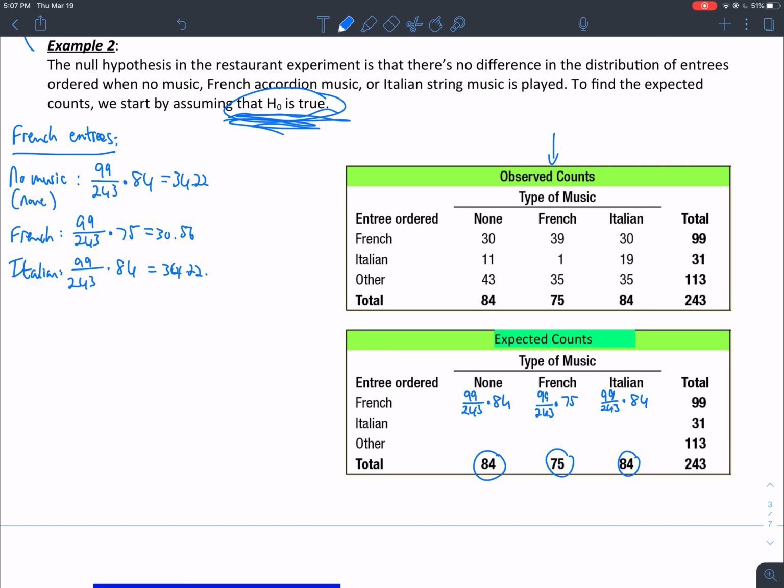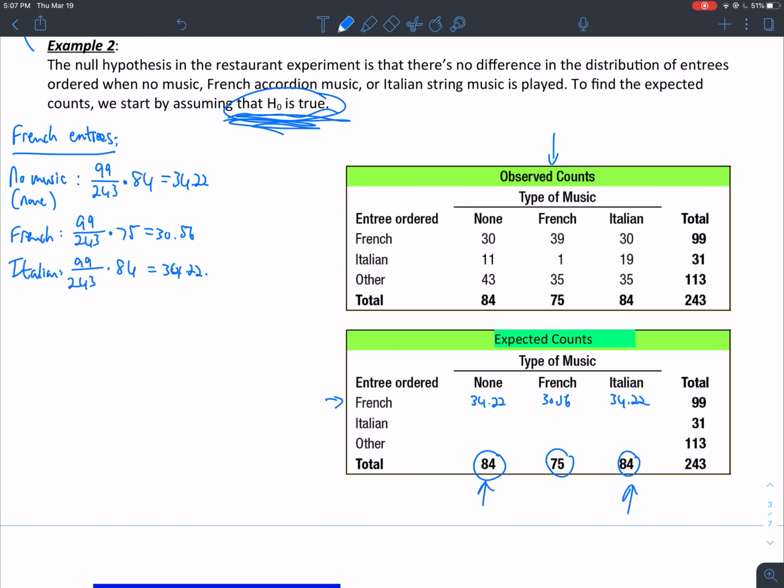And that's that. You don't have to write this stuff down, that's just the work. What we actually have then is 34.22, 30.56, and 34.22, since they had the same total number of entrees ordered. Then you do the same thing for the next type of entrees.